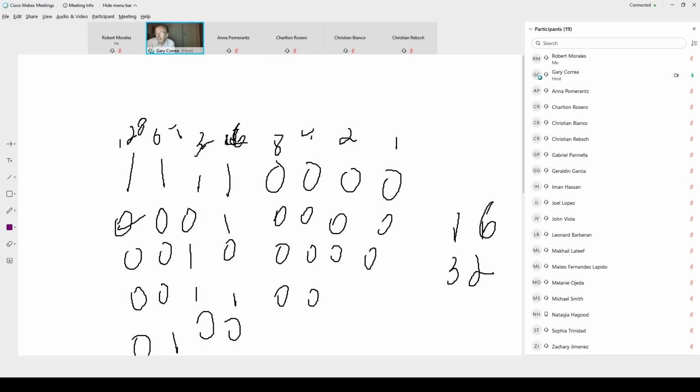So that is really 48. And this number, of course, if I put the zeros in, is 64. That's a 4. And the last number here is 64 plus 16. I believe that's 80. And of course, that's a 64 here.